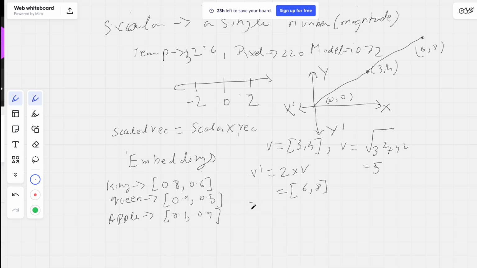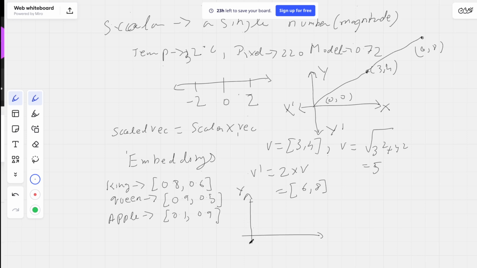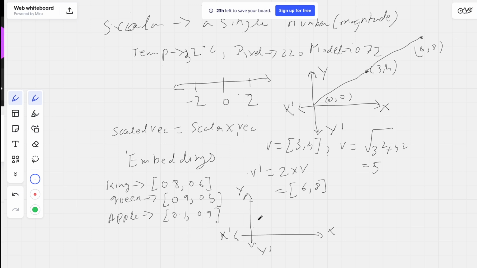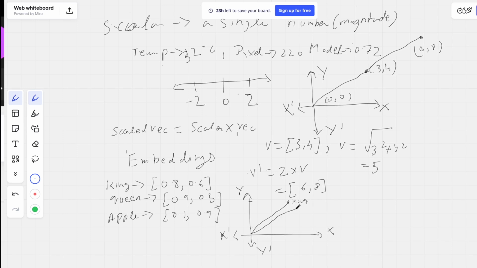Now let's see this in a simple graph. This can be y, this can be y prime, this can be x prime, and this can be x. Let's take from here: this is king, this is queen, and this is apple.